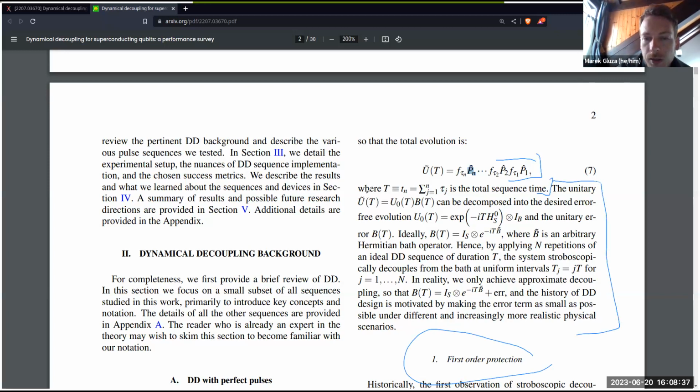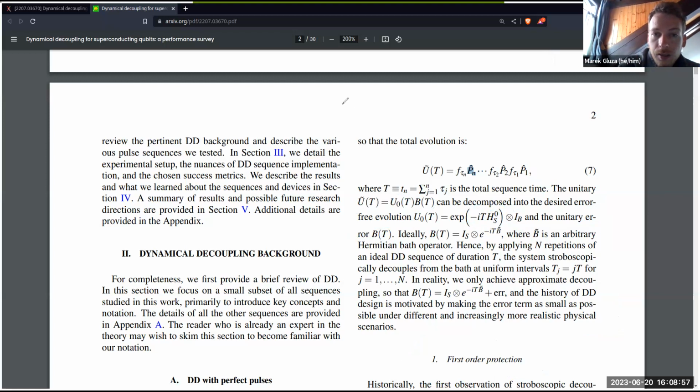The unitary U of t, which is U0 of t times B of t, can be decomposed into the desired error-free evolution U of t, which is just the system Hamiltonian and nothing on top, and the unitary error B of t. Okay. Why can we do this? Well, unitary group U(d) means that for any group element G, there exists an inverse also in the group.